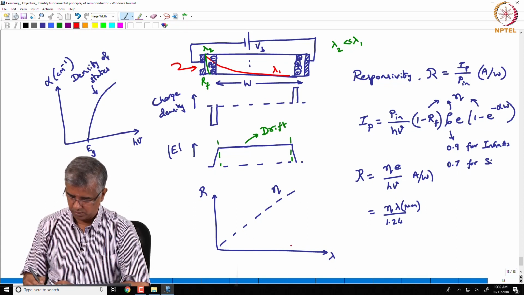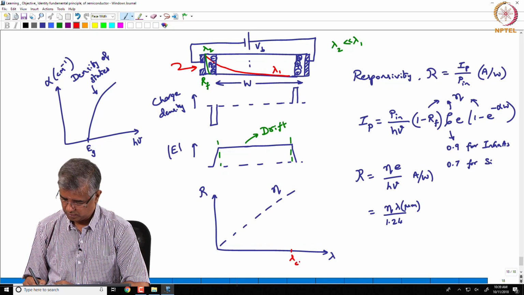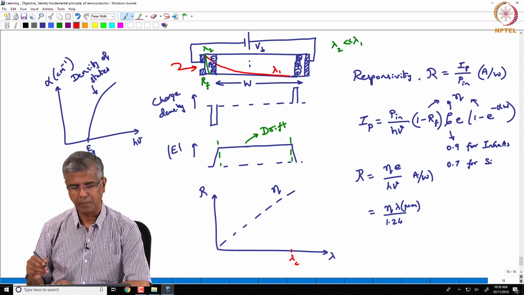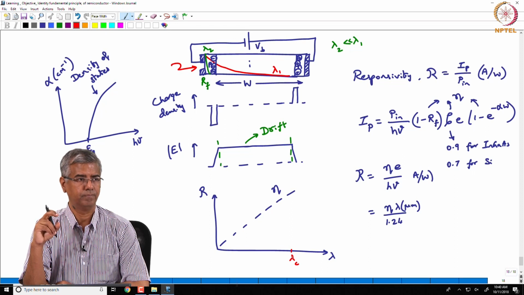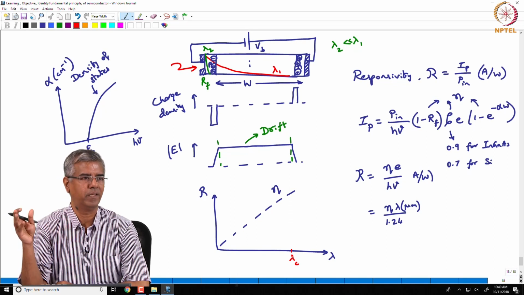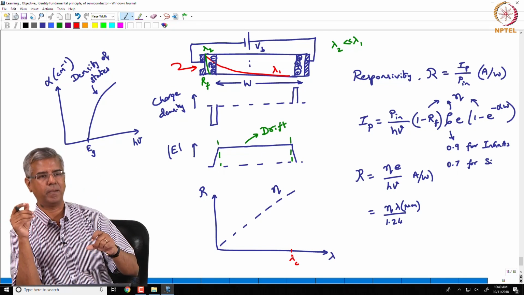In terms of the responsivity, what we will find is there is a cutoff wavelength, right, corresponding to the band gap energy. Any wavelength greater than that cutoff wavelength is not going to get absorbed, because the energy is lesser than the band gap energy.